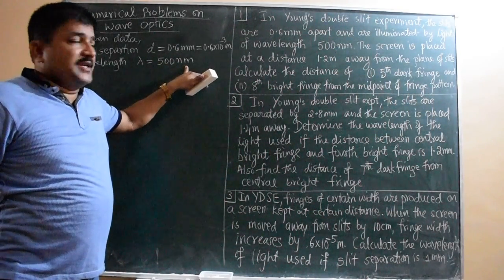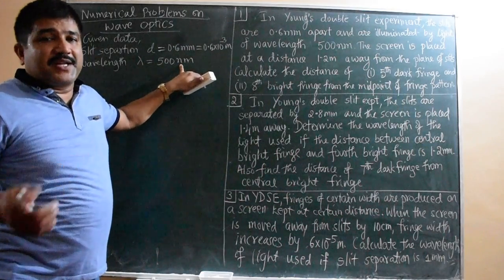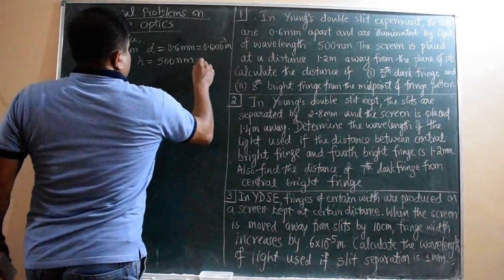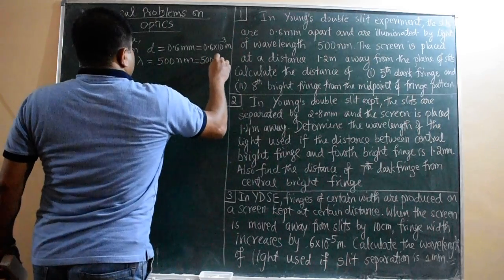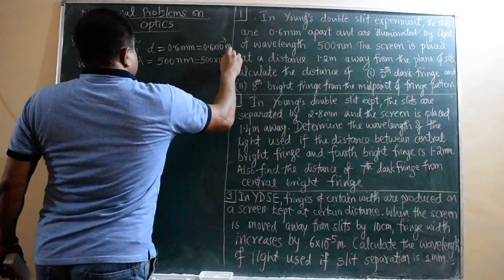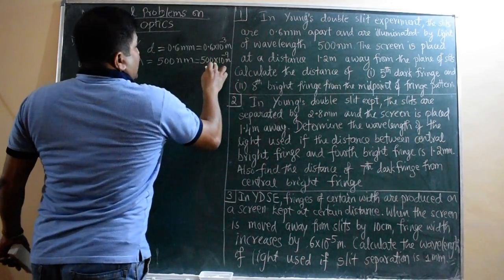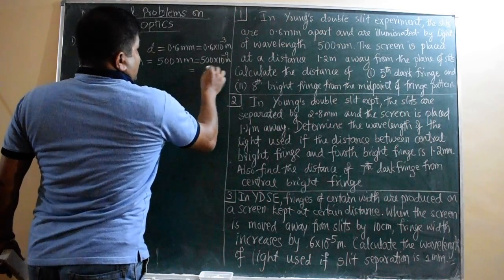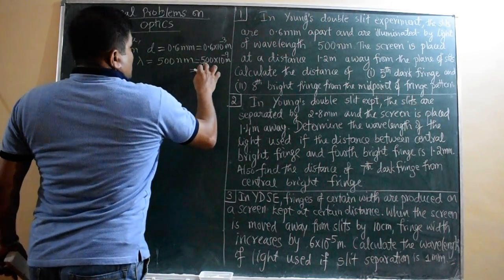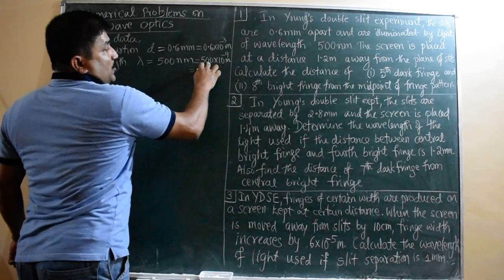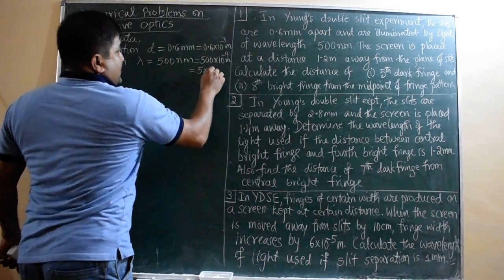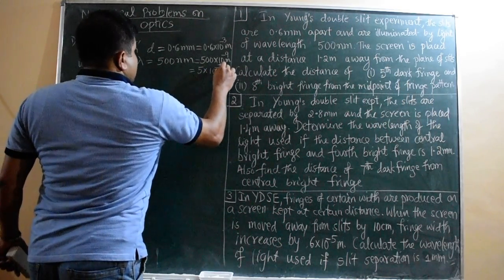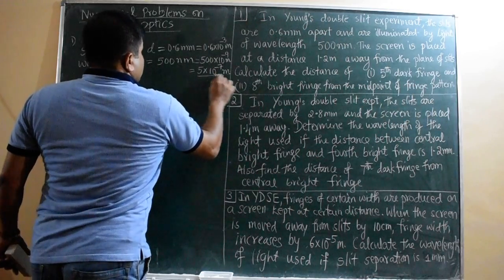If the wavelength is given in nanometer, nano means 10 power minus 9. So write 500 into 10 power minus 9 meter. You can simplify this: 500 is 5 into 10 power 2, and with 10 power minus 9, it becomes 10 power minus 7 meter.